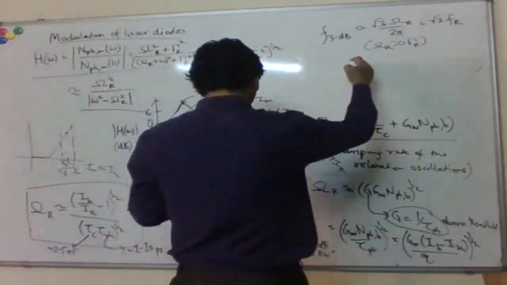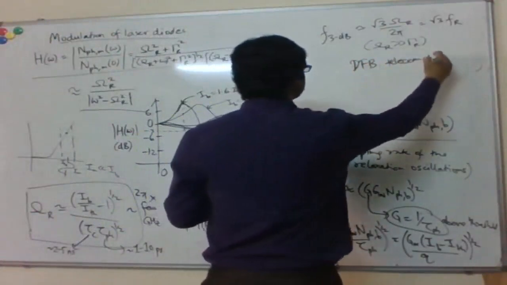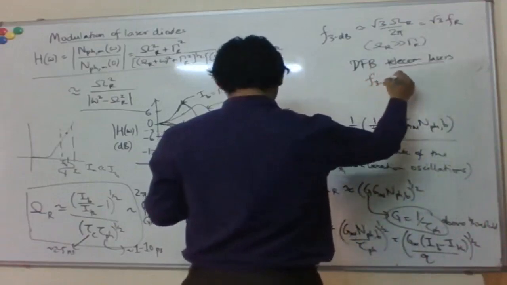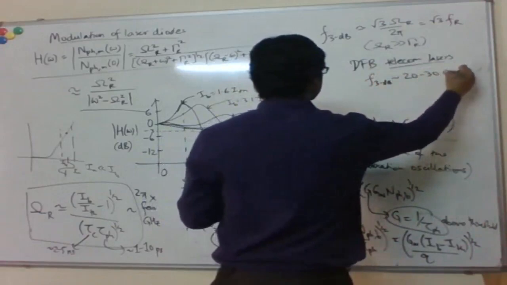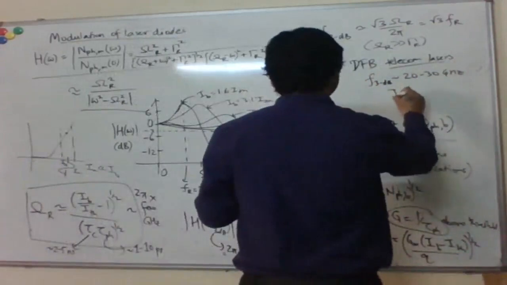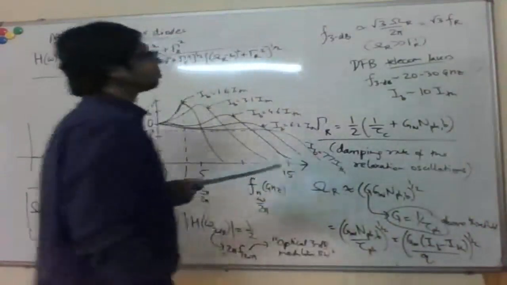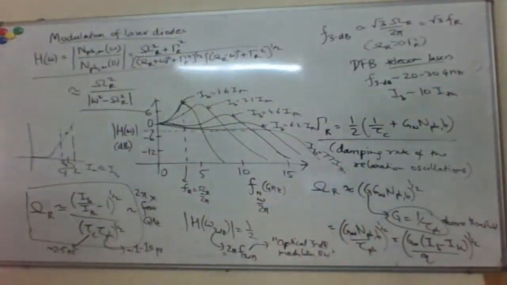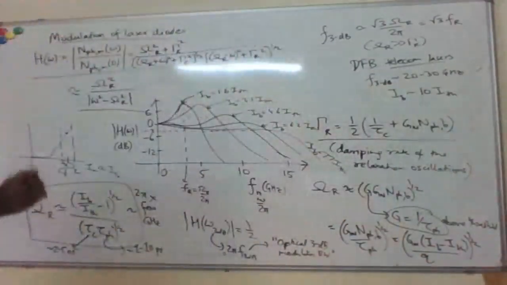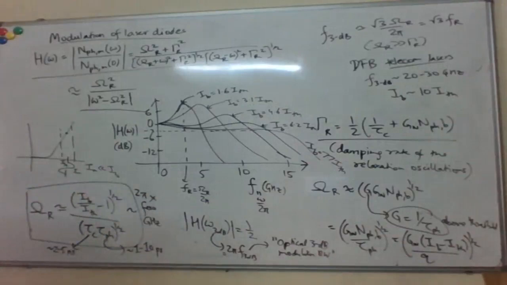Typically, if you look at modern DFB lasers used for telecom, you can get to about 20-30 gigahertz of modulation bandwidth at bias currents about 10 times the threshold current. So you can easily send analog signals with that kind of bandwidth using directly modulated lasers, directly current modulated lasers.